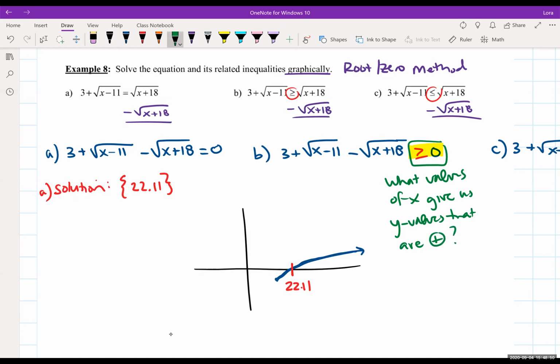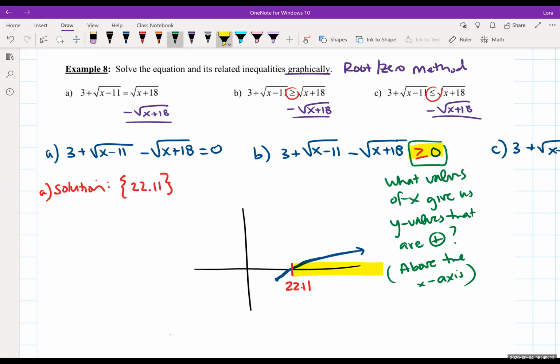In other words, we want to say, where do we see the function above the x-axis? And if you're looking, is it to the left of 22.11 or is it to the right of 22.11? By now, you're probably saying, oh yeah, it's to the right. So I just need to describe that region.